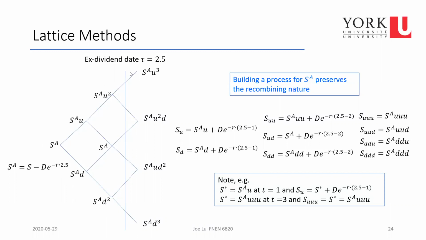Now after the dividend payment right here, the actual value here is actually SA times U to the power of 3, because after that, the dividend of D has been paid.